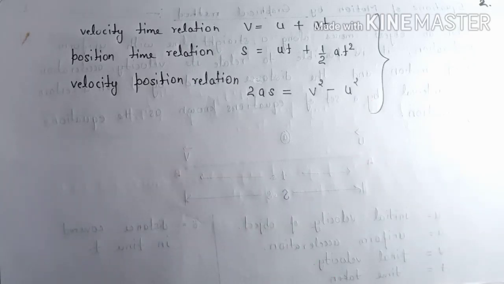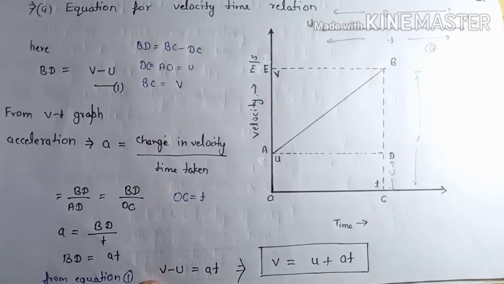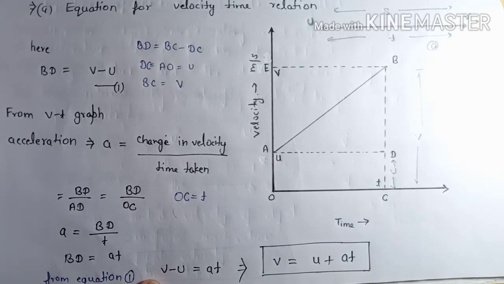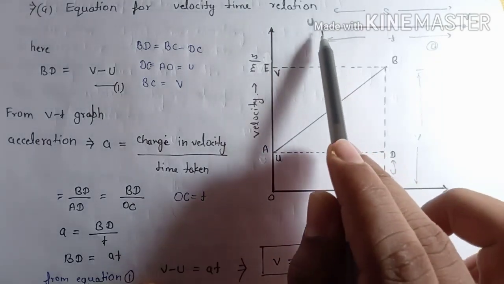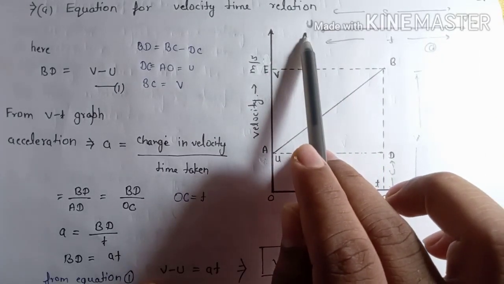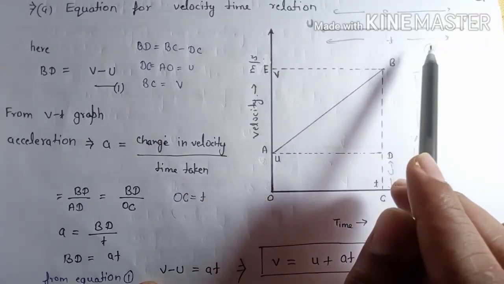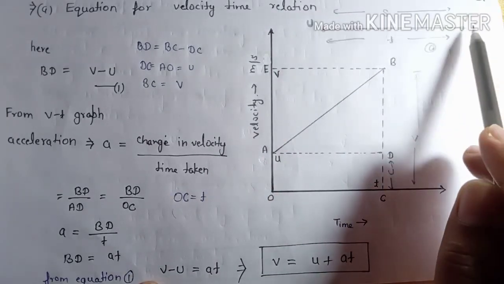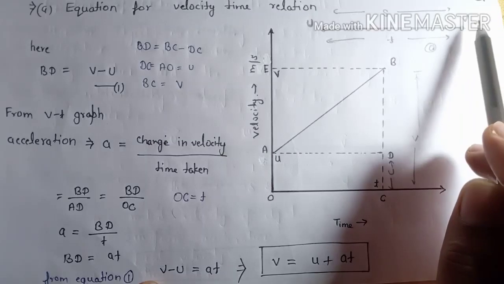Let's discuss that now. Now you can see part A of this derivation, the equation for velocity time relation, and this is the object which is moving from this point to this. Initial velocity is u meter per second, and after time t under uniform acceleration a, this body attains the velocity v here.